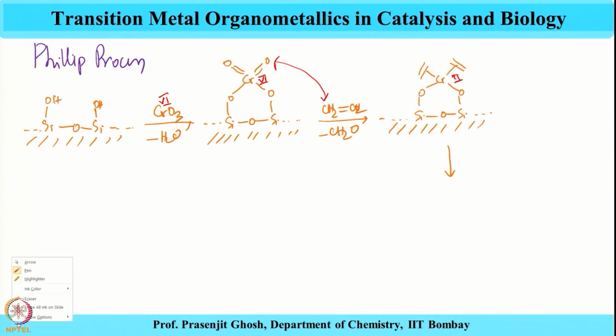and subsequently these gives a 5-membered chromium metallocycle as is shown over here.